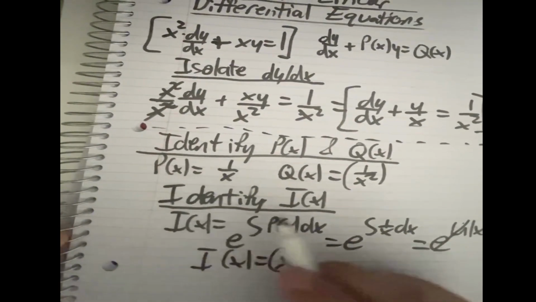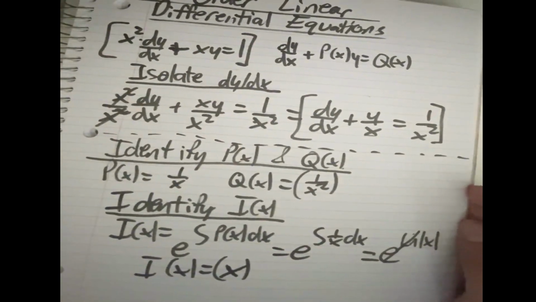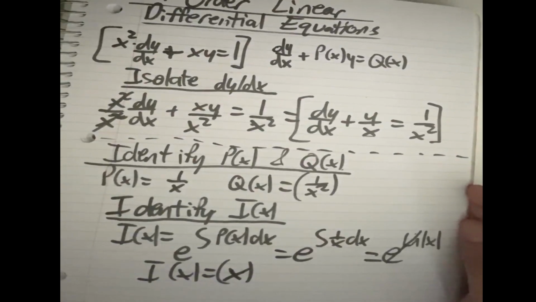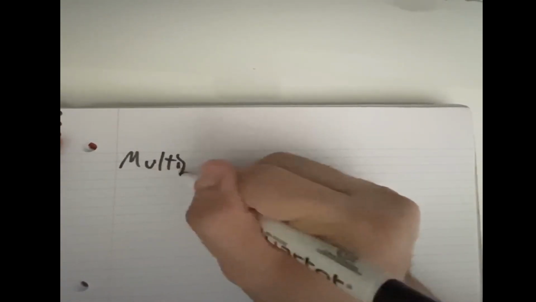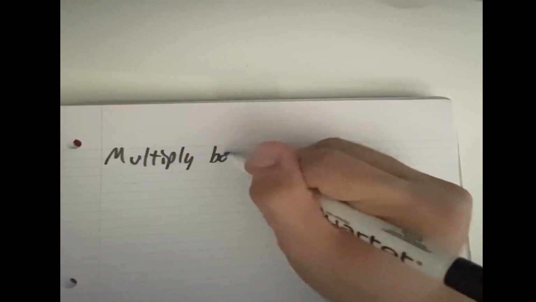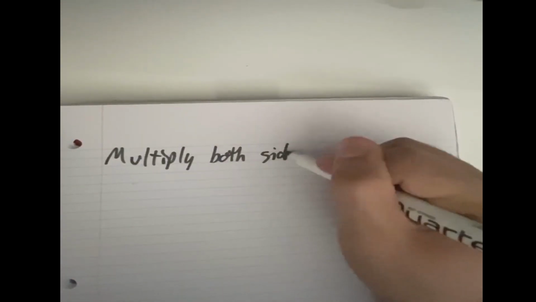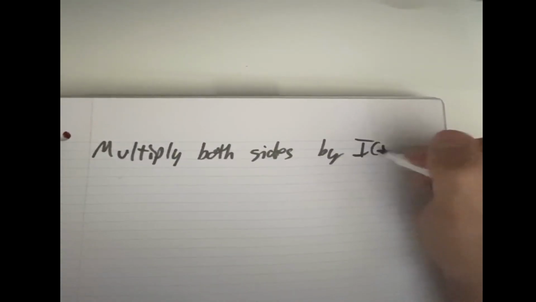So our P of x is 1 over x, Q of x is 1 over x squared, and I of x is equal to x. So now we're going to go ahead and apply the problem solving steps. Our next step would be to multiply both sides by the integrating factor.